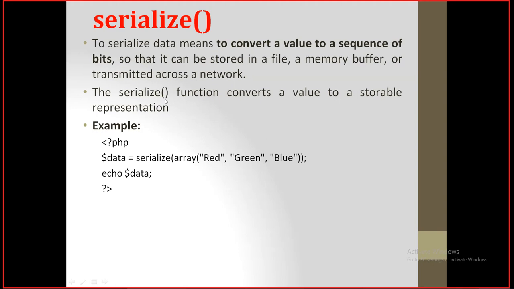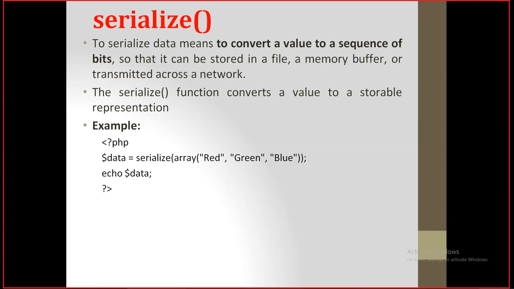Fine. So whenever we use the serialize function in PHP, it will convert any value which is passed as argument to the serialize function, that value or data structure, into a sequence of bits or a storable representation.